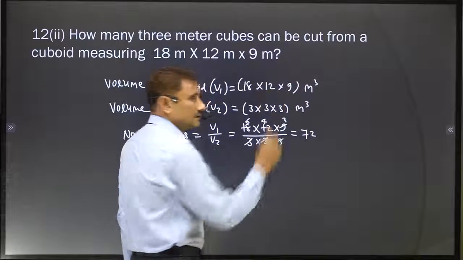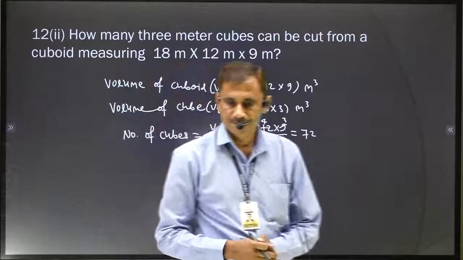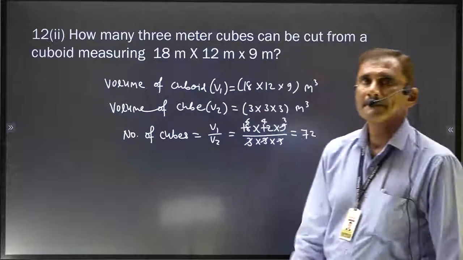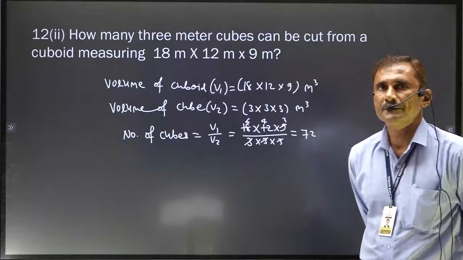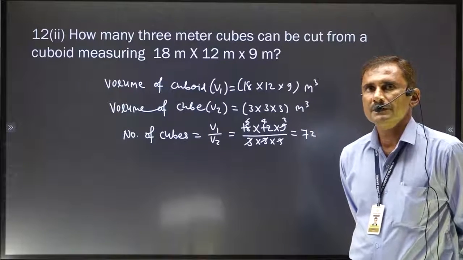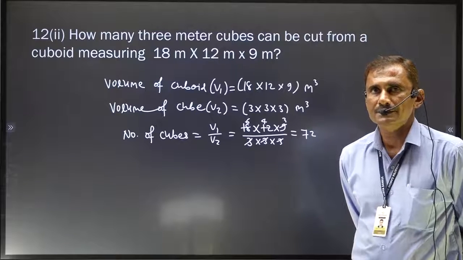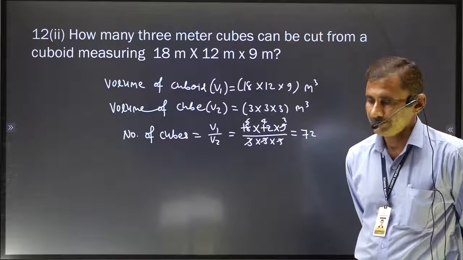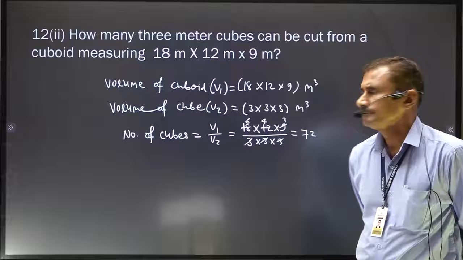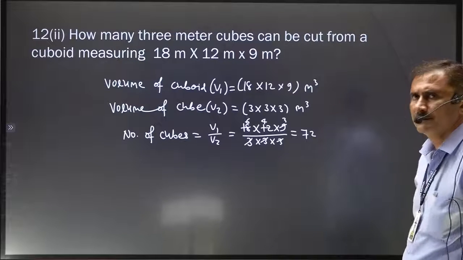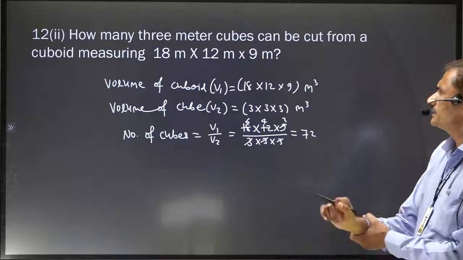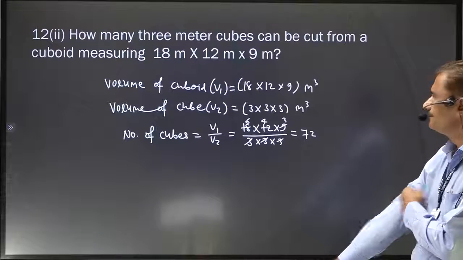And at last you can give a statement also according to the question: 72 cubes of 3 meter can be cut from the cuboid. It's very simple, just understand the question and then the solution.